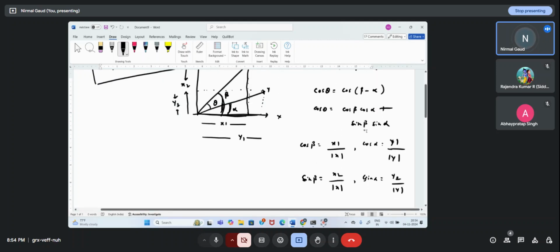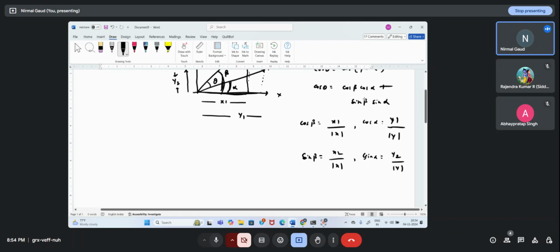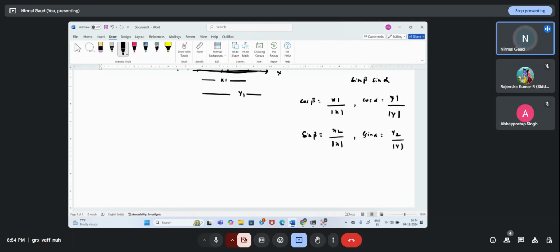Now put them in the equation here. Therefore, cos theta is equal to x1 upon mod of x dot y1 upon mod of y plus x2 upon mod of x dot y2 upon mod of y.